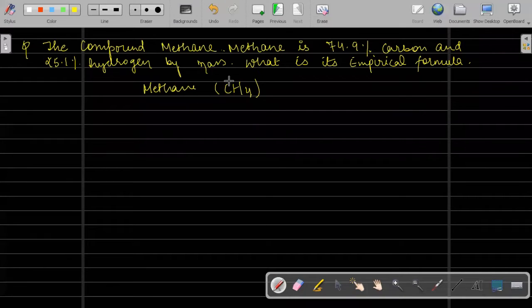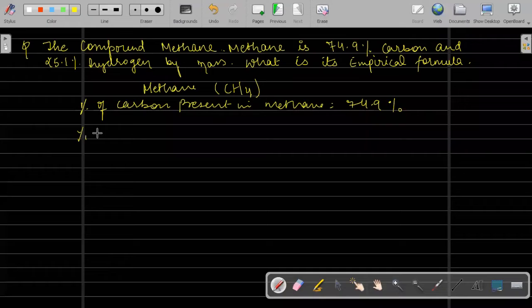So what is the percent of carbon present in methane? The percent of carbon present in methane is 74.9%. It's given data.